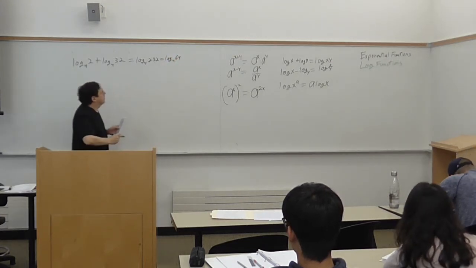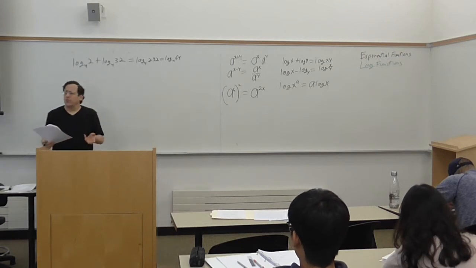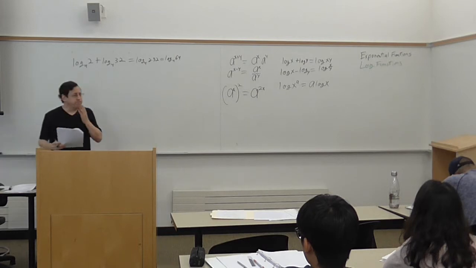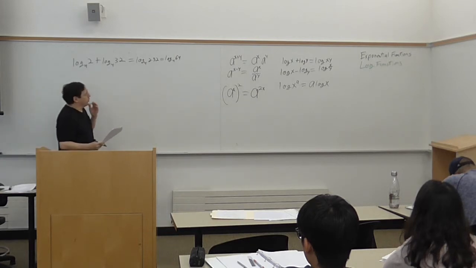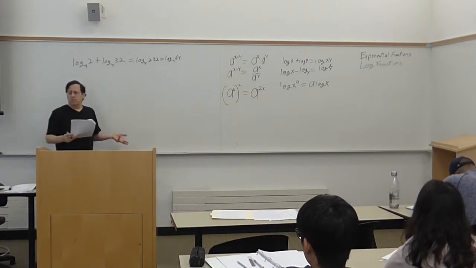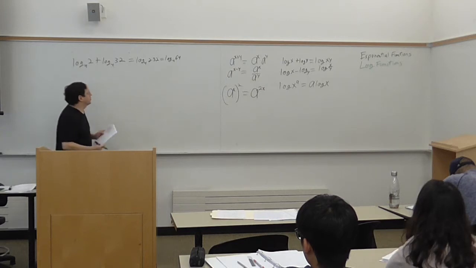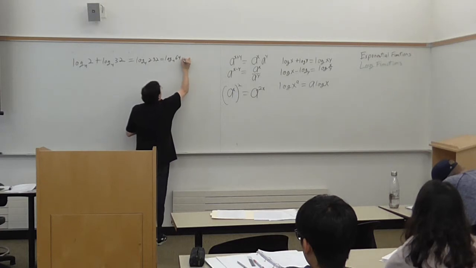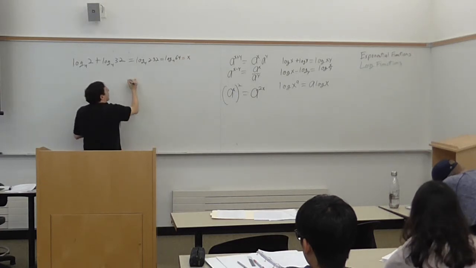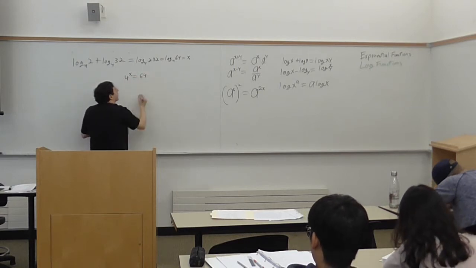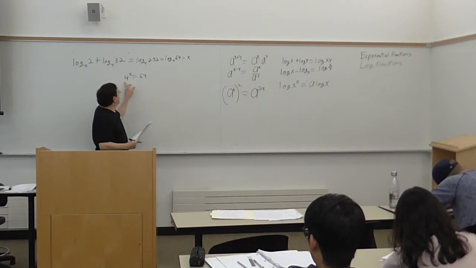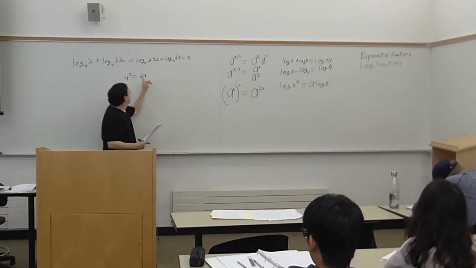Okay. So now I want to think about what is log to the base 4 of 64. So I'm going to write it using the inverse function, right? What I mean is, this is x. 4 to the x equals 64. There's the base. This is the exponent.